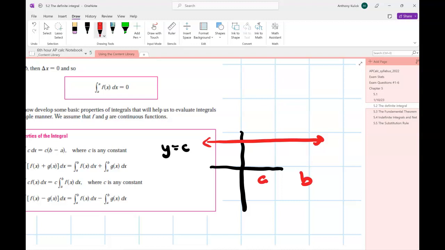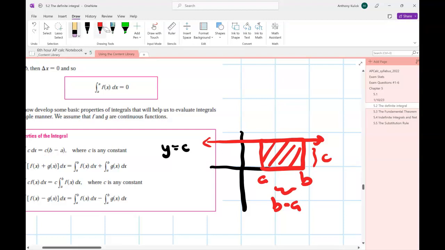So if I'm going from A to B, I'm just talking about that rectangle, whose base is b minus a, and whose height is c.